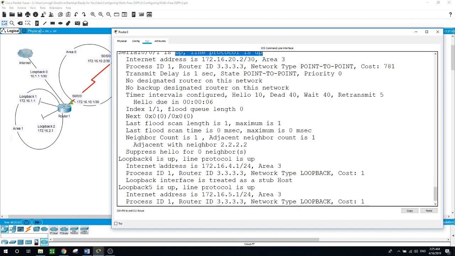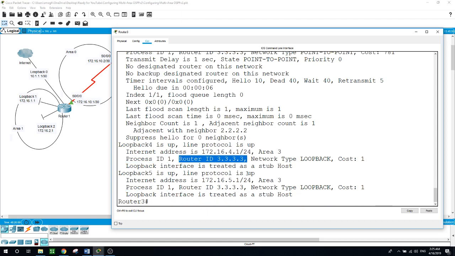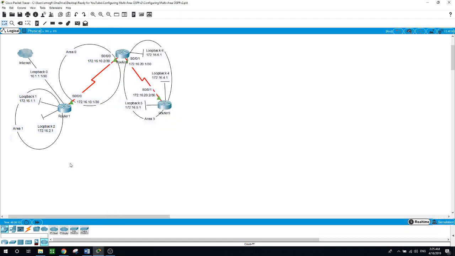And here for loopback 4, this is the internet address for loopback 4, and it is in area 3. The process ID for OSPF is 1. The router ID is 3.3.3.3. This is for router 3. And the cost is 1 for the loopback.